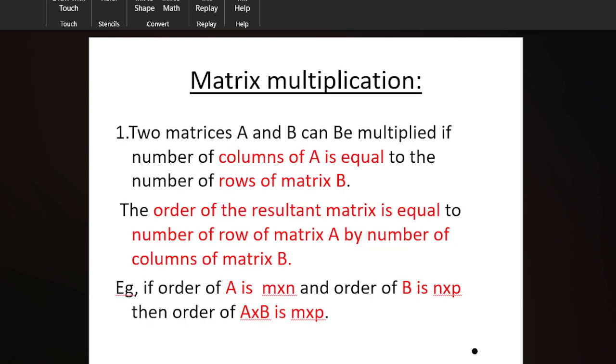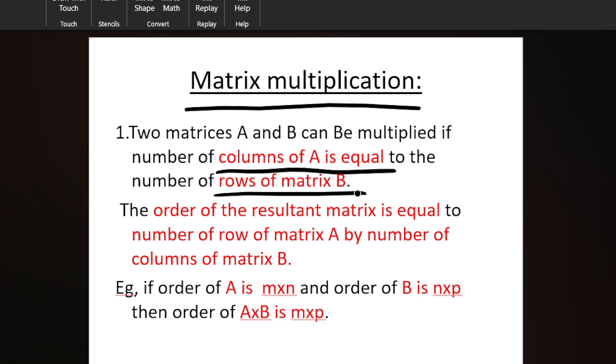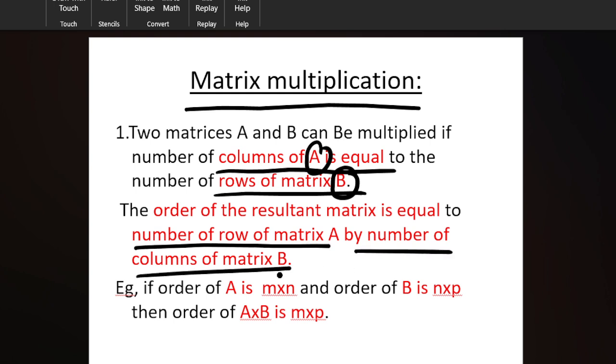Now, very, very important is matrix multiplication. Two matrices A and B can be multiplied only if the columns of A are equal to the rows of B. Then only can we multiply A into B. So the columns of the first matrix, that is A, must be equal to the rows of the second matrix, that is B. The order of the resultant matrix is the number of rows of matrix A by the number of columns of matrix B. So we get a new matrix.